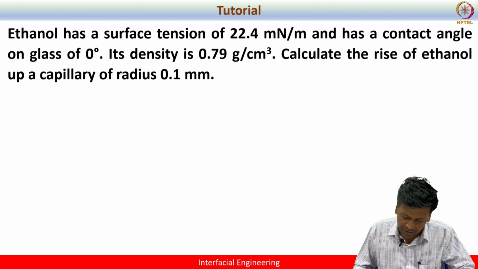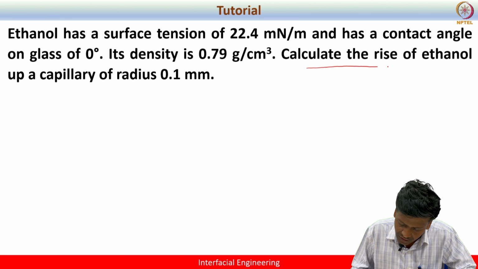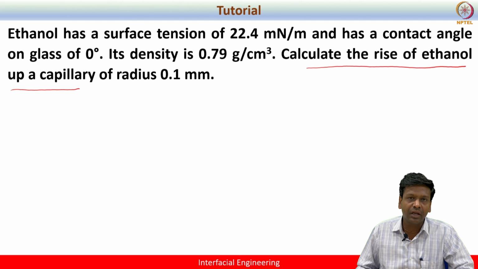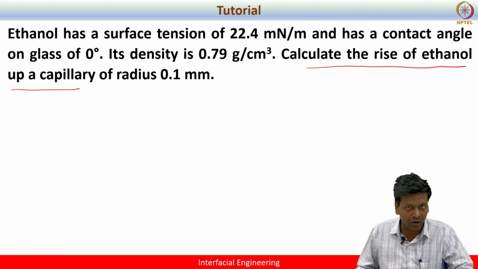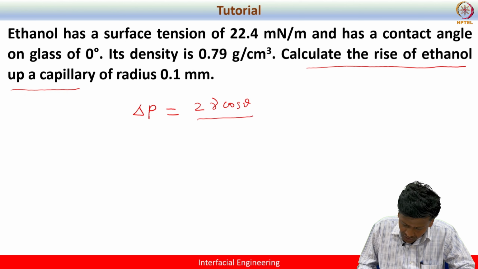In this exercise we are going to calculate the rise of ethanol, basically the height of the liquid column that we are going to measure. We know the relation that we obtained using the capillary method, which is 2 gamma cos theta by RC.